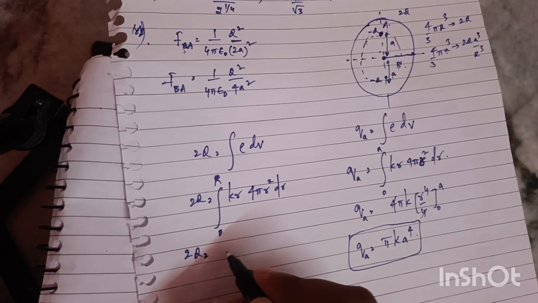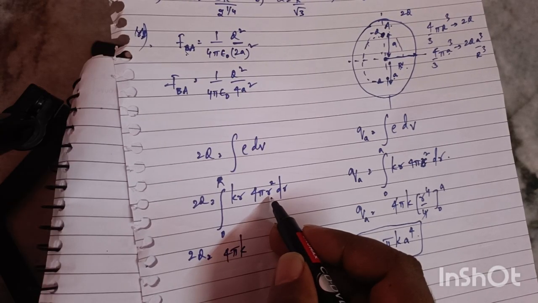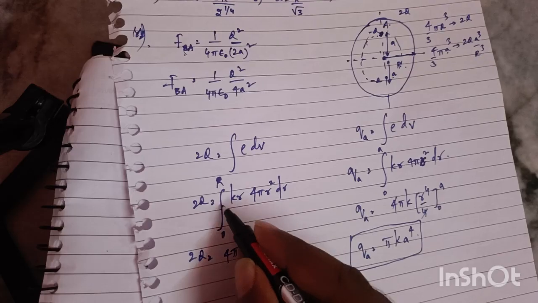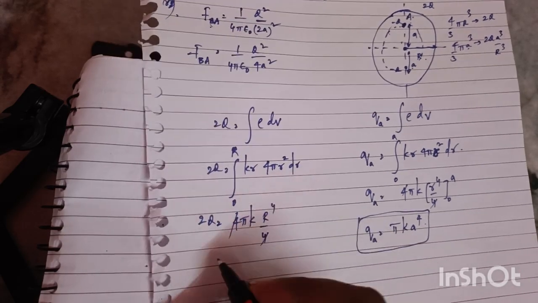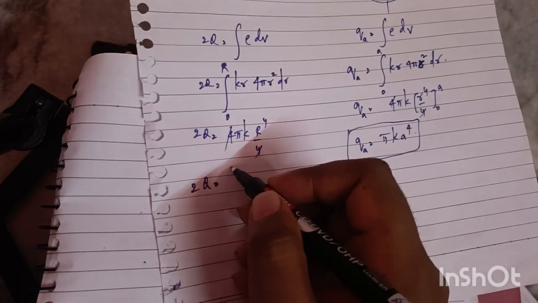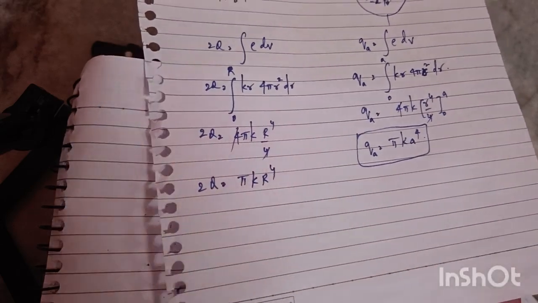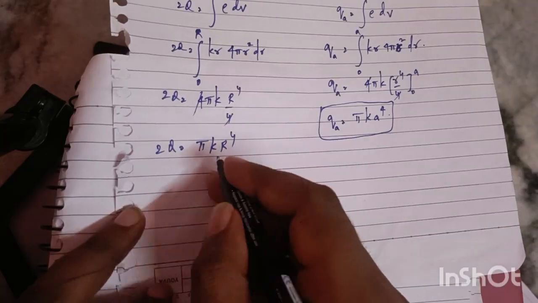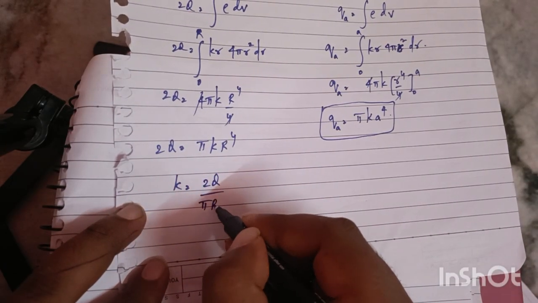So 2q is equal to 4 pi k integral of r cube, which is r power 4 by 4, and substituting r we get r power 4 by 4. So 2q is equal to pi k r power 4. From here k can be written as 2q by pi r power 4.